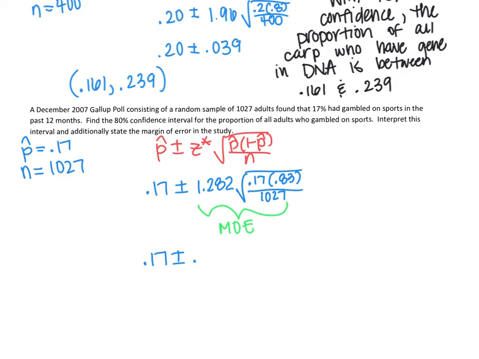It's going to give us 0.015. So 0.17 minus 0.015 is going to be 0.155, and 0.17 plus 0.015 is going to be 0.185.